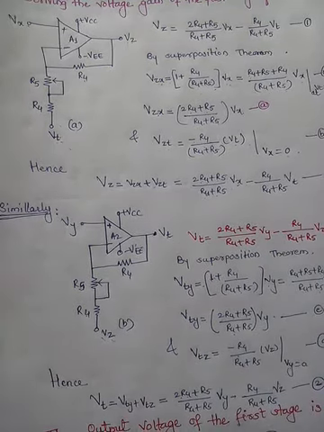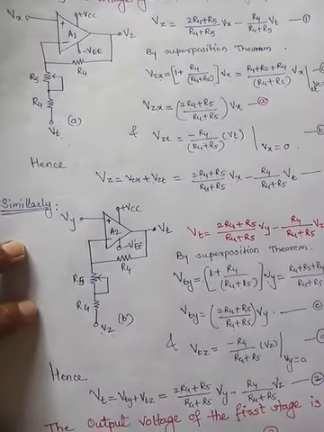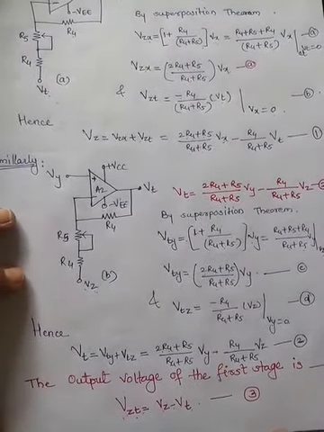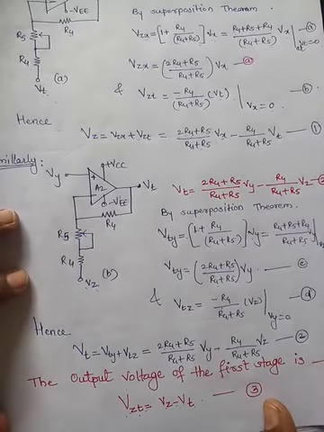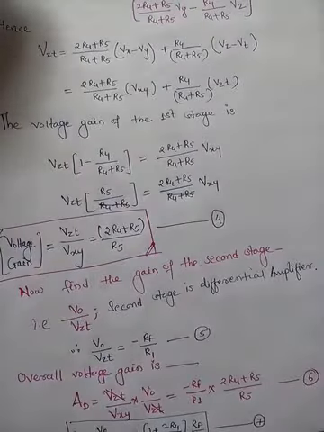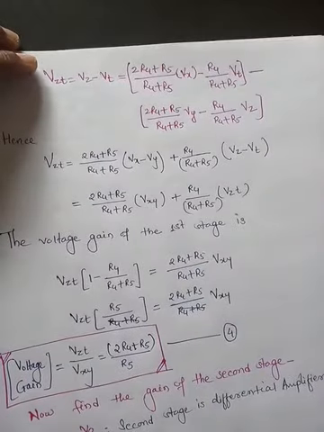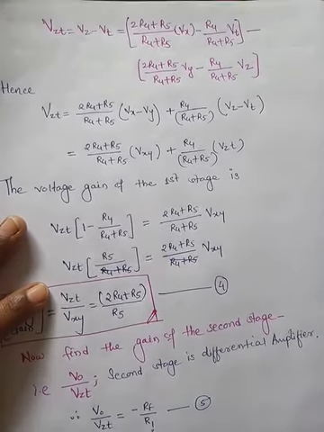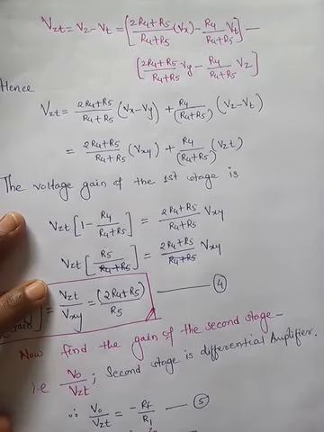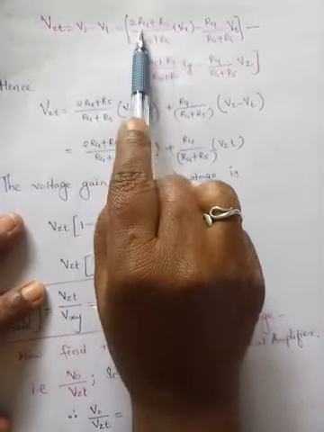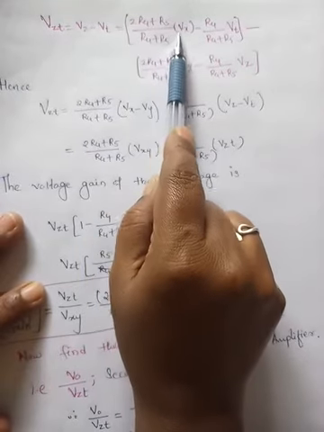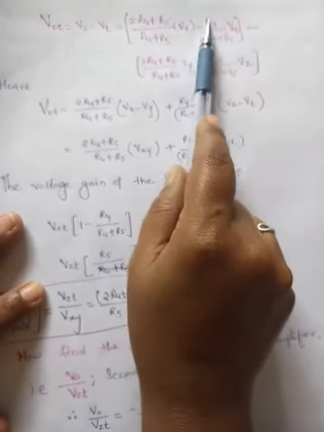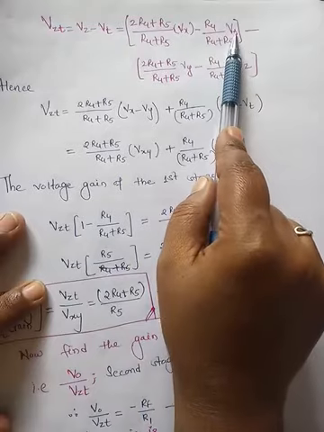So when we are writing this equation, Vzt is equal to Vz minus Vt, what is Vz? 2R4 plus R5 by R4 plus R5 into Vx minus R4 by R4 plus R5 into Vt.